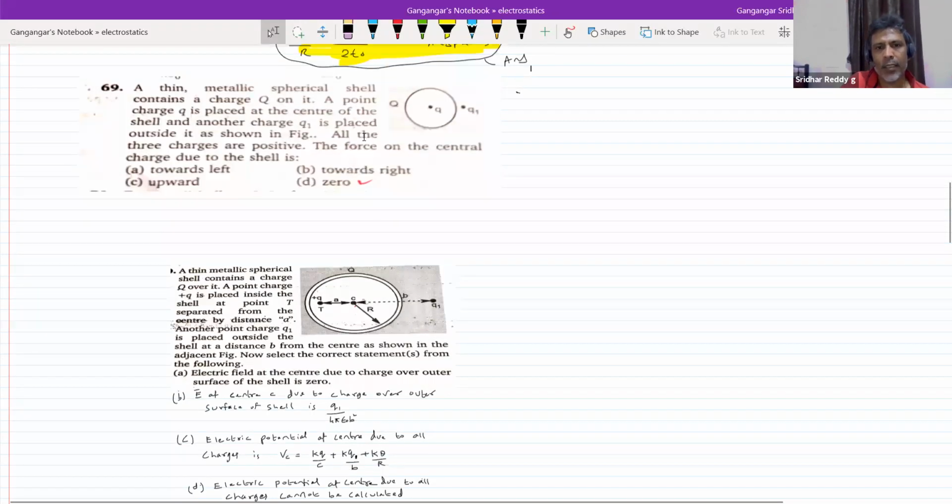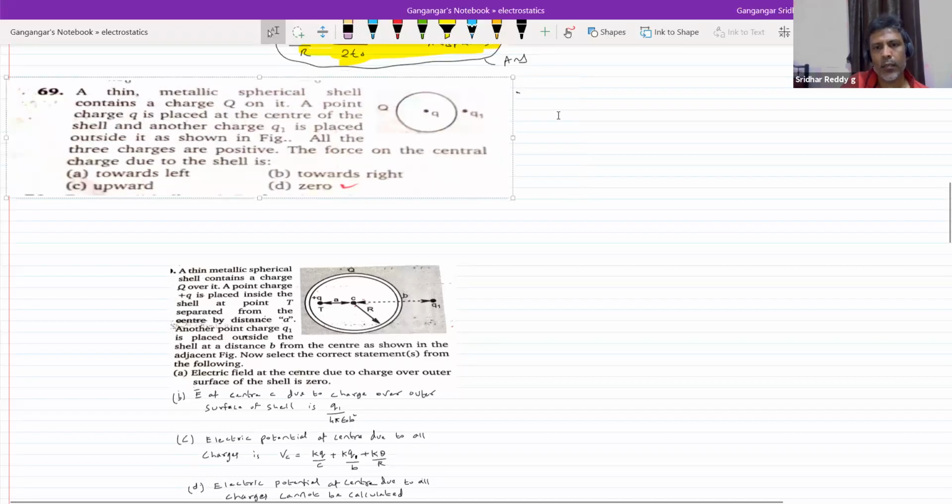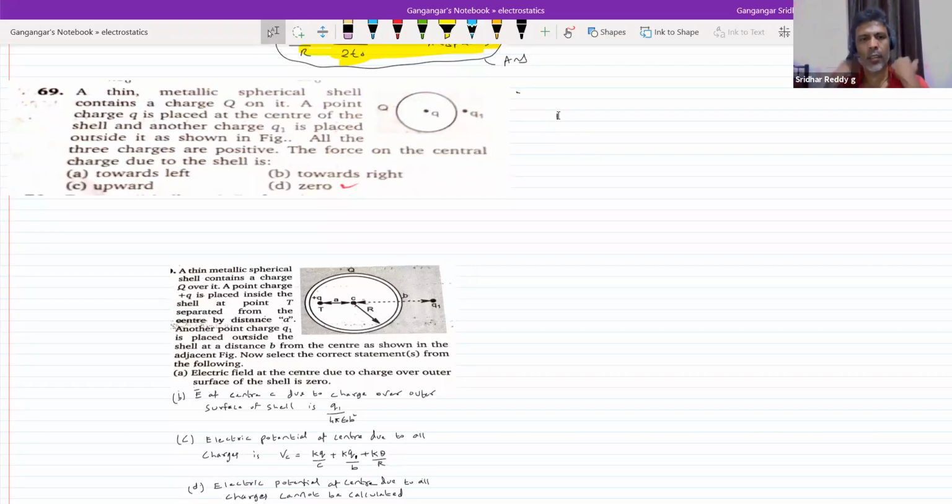A thin metallic... read the question. Again, go for the rough diagram.